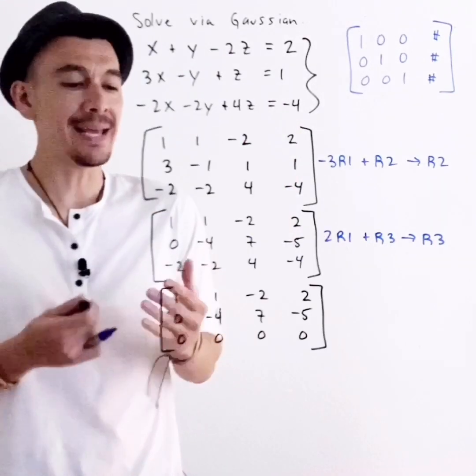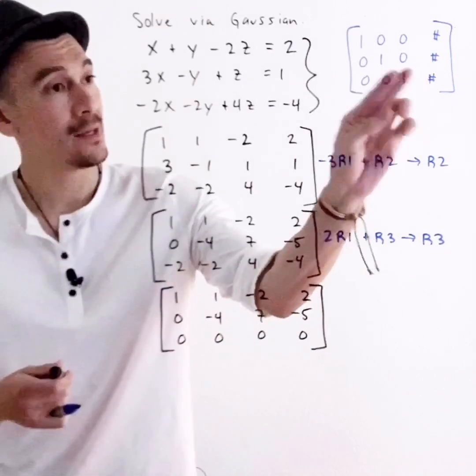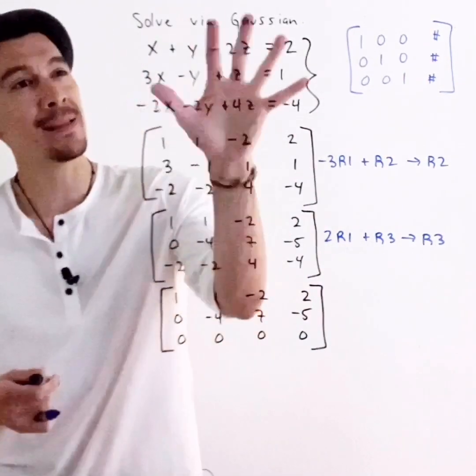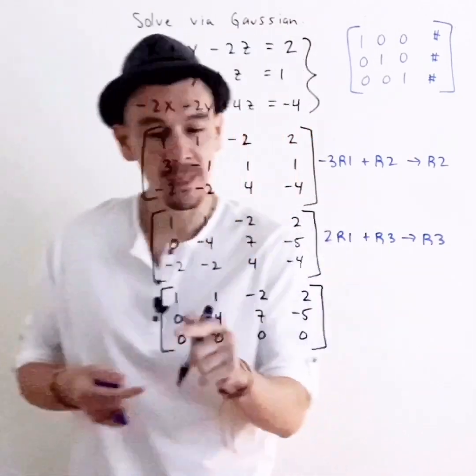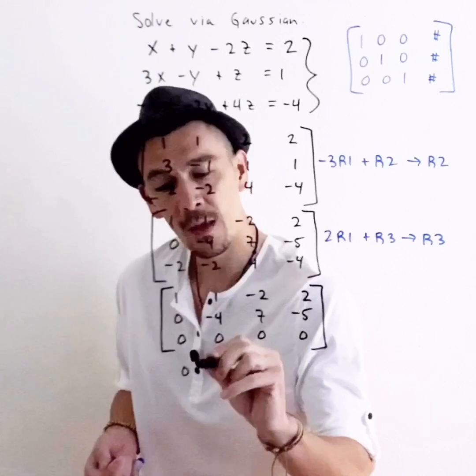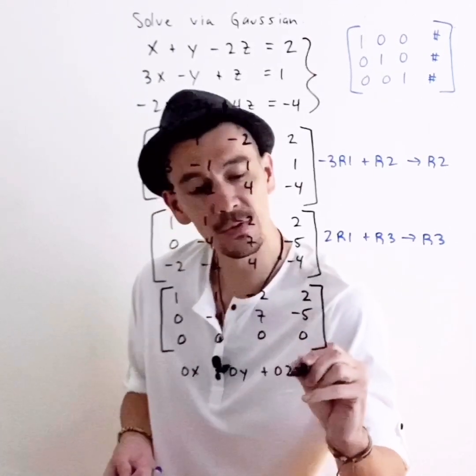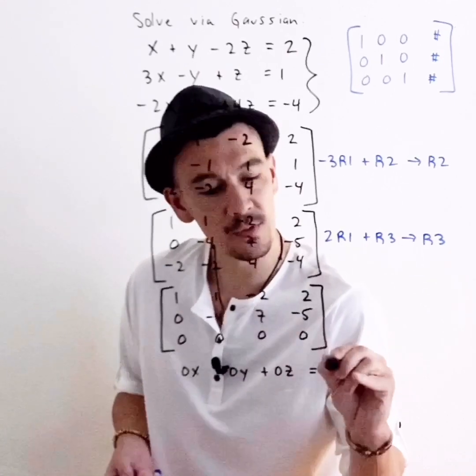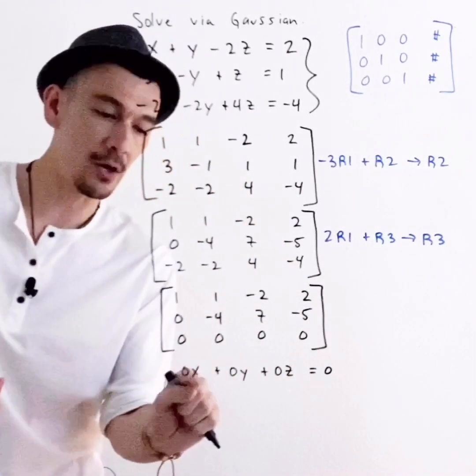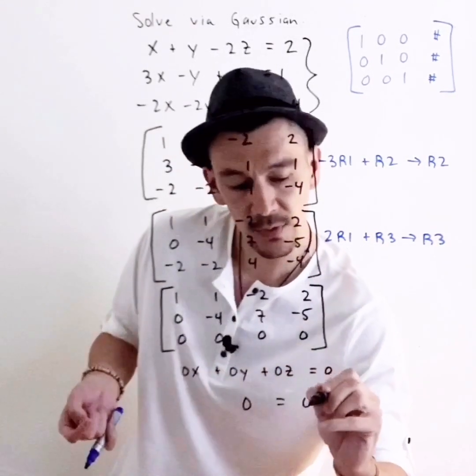So I'm not going to take any more time trying to make this look like that because of the bottom row. You see, if I were to bring the x's, y's, and z's back in, that bottom row would say 0x plus 0y plus 0z equals 0. And like the previous problem, on this side, 0 plus 0 plus 0 is just 0 equals 0.